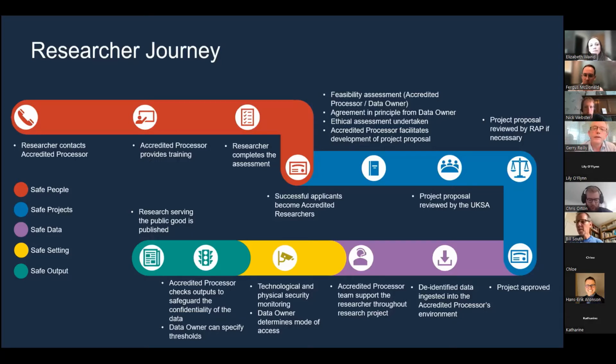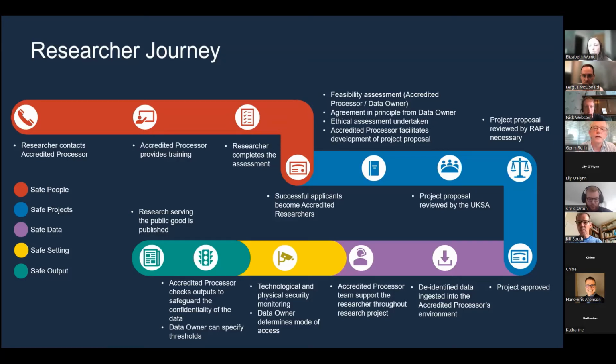So that they are stripped out before a data owner provides us with data, and that's true if it's a standalone data set or something that's been linked in a separate environment, which obviously needs to have those direct identifiers to allow the linkage. Once that's completed, the names and addresses are stripped out, and it will come into the SRS.